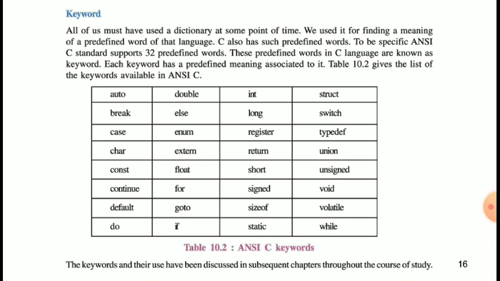The predefined words in the C language are known as keywords, and the C standard supports 32 predefined words: auto, break, case, char, const, continue, default, do, double, else, enum, extern, float, for, goto, if, int, long, register, return, short, signed, sizeof, static, struct, switch, typedef, union, unsigned, void, volatile, and while. So those are the ANSI keywords.